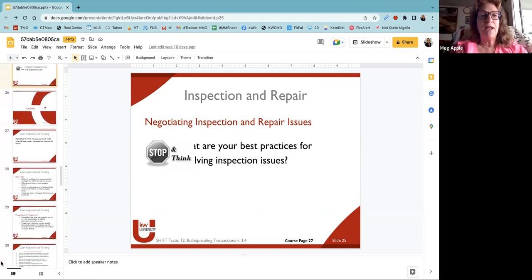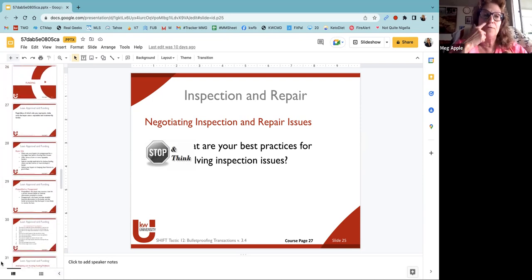On the other hand, if you go back to the listing agent, you want to find out if they have any backup offers so that you can go back to your buyer and say, they've got somebody waiting to come into the property. Because it's such a great property, you've got to keep reminding them about the house, not the inspection. It's not about the price. It's not about the rate. It's about the house. Right.